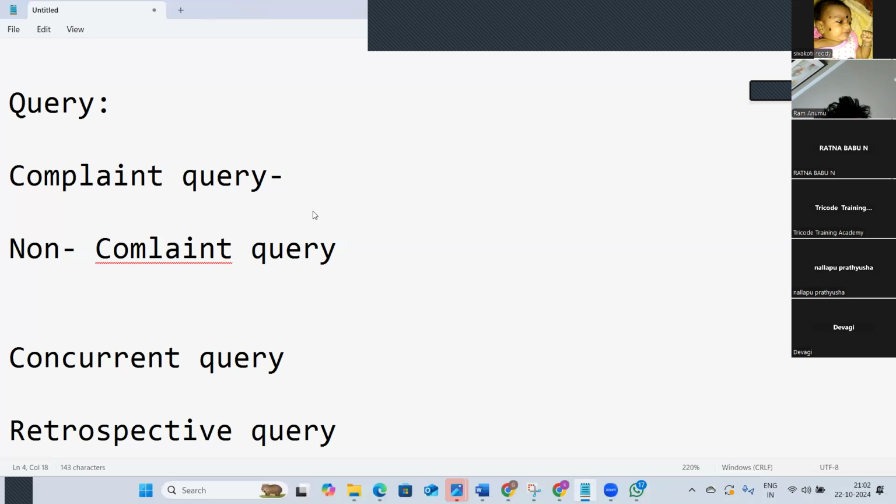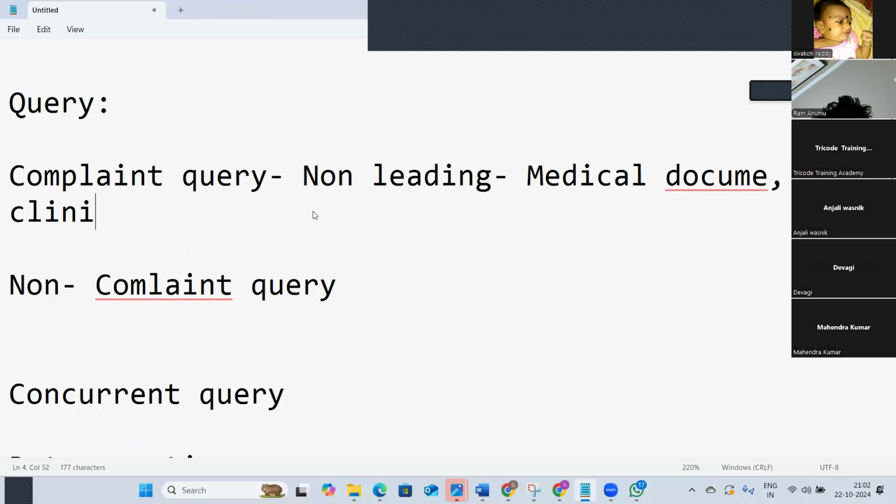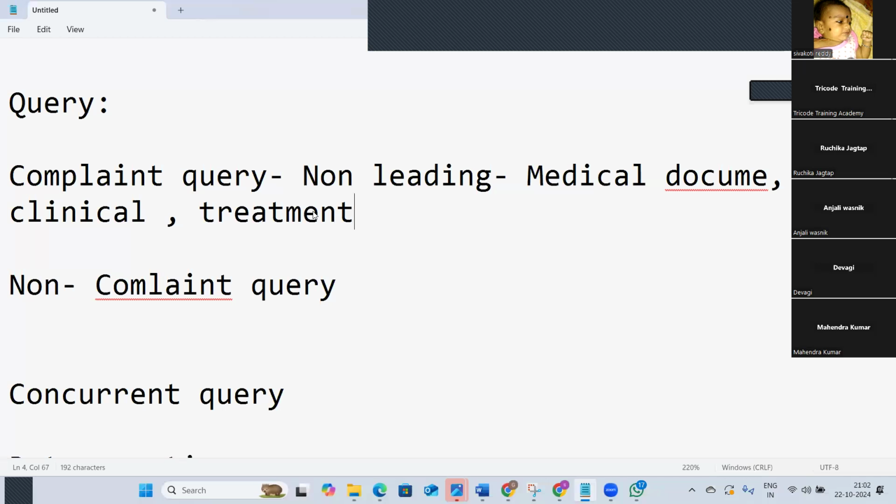What did I tell you compliant means? Non-leading. Yes, non-leading. Good. What are the things we need to have? Medical documentation should be there, clinical indicator, treatment, and the question. You should check for precise documentation when you are writing your question. We should identify that medical documentation, clinical indicator, and treatment are there, then you can go ahead. It's confirmed, it is a compliant, non-leading query.